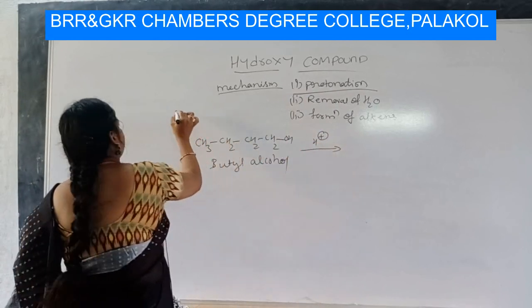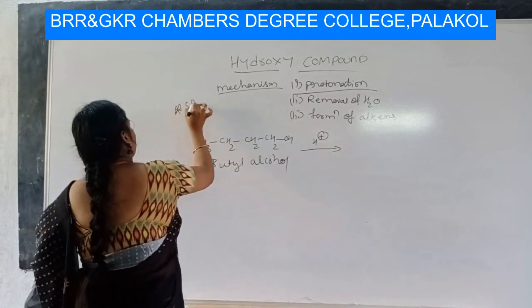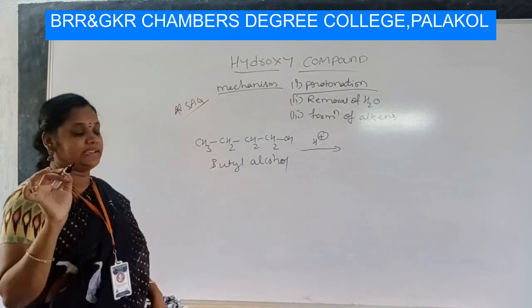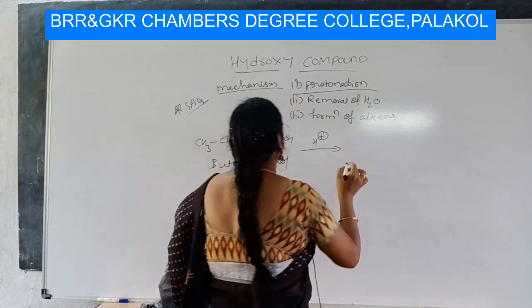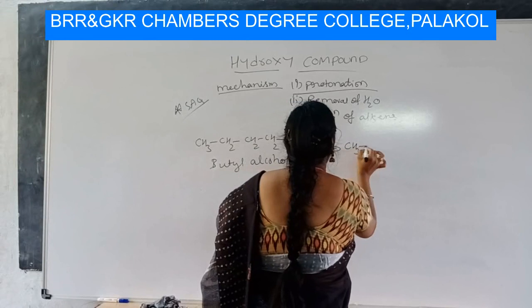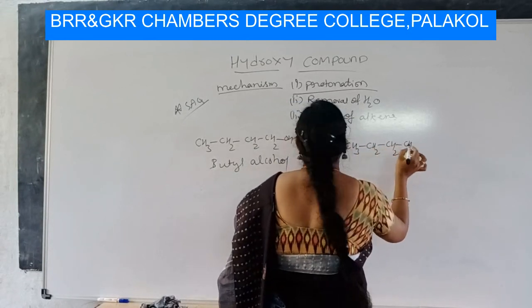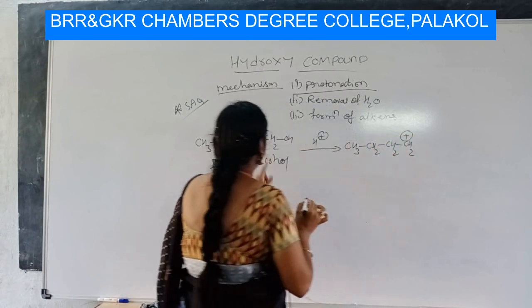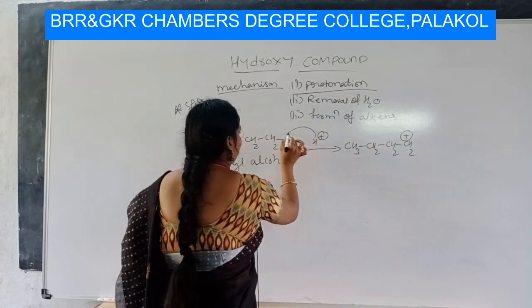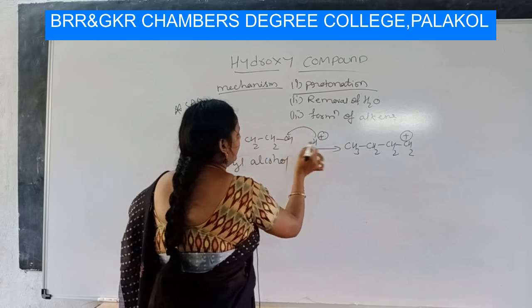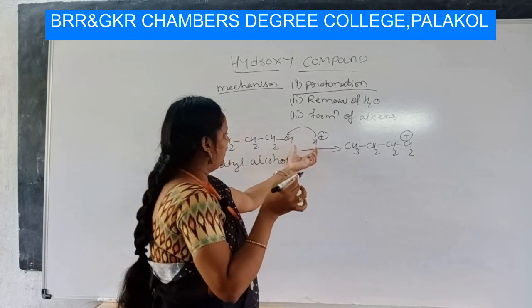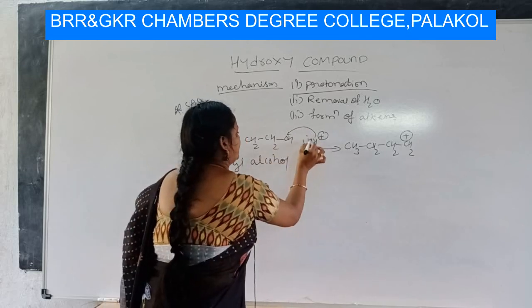Protonation. This mechanism is very important for short answer questions, students. Please listen carefully. Here, the proton will attack the OH group. Protonation will be done, giving CH3CH2CH2CH2OH2+. That is the first step.